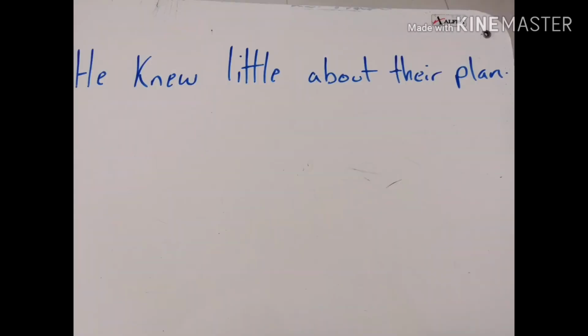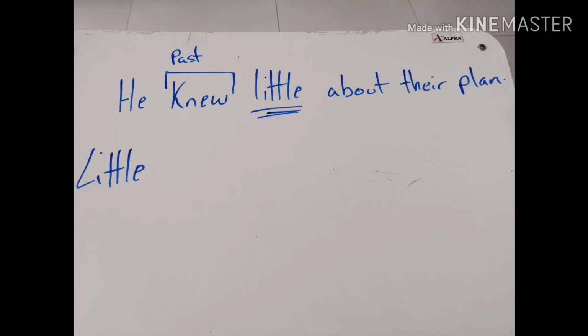Let's take a look at another common example. It says here, he knew little about their plan. Let's take a look at how we convert this into an inversion. So we put the negative adverbial at the start. In this case, it would be the word little. Here you can also see that knew shows us that this sentence is in the past tense.